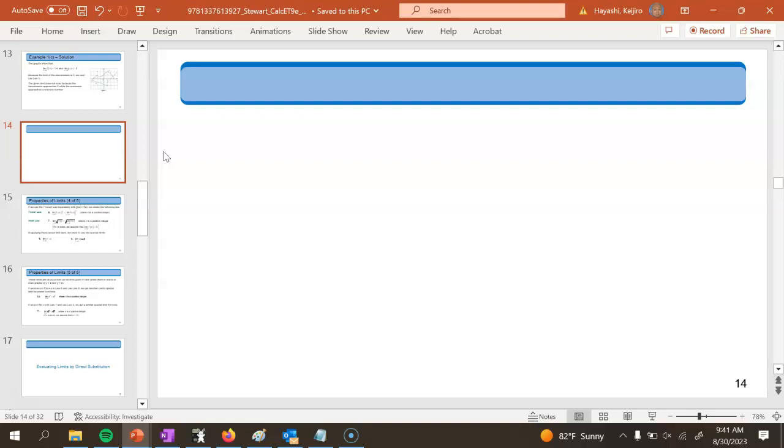Okay, so there are some other limit properties, relatively straightforward ones as well.